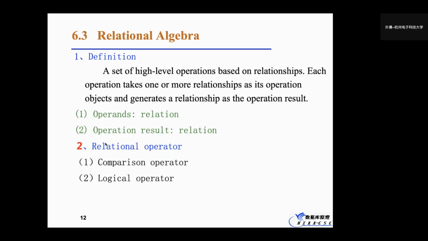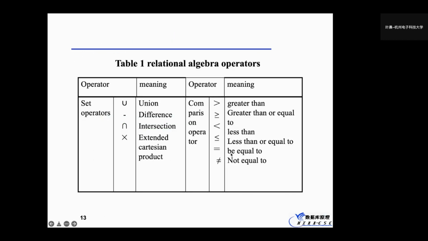And here the relational operator includes the comparison operator and the logical operator. So let's see what is comparison operator. So we have these which we are always very familiar with, such as greater than, less than, and equal to.